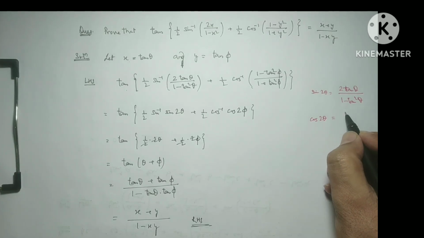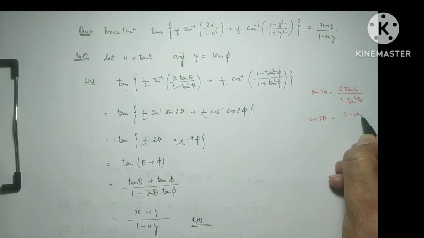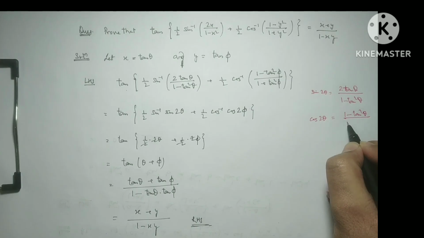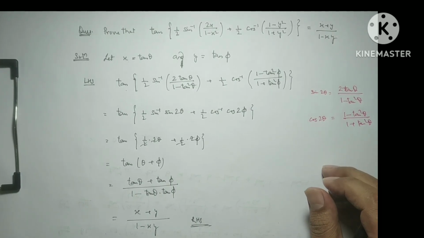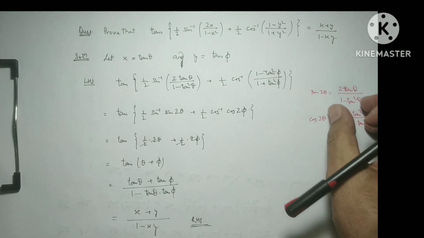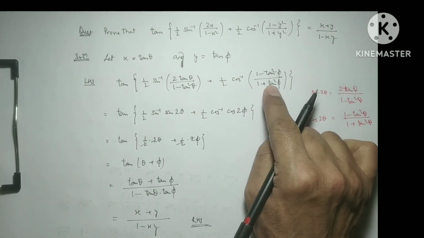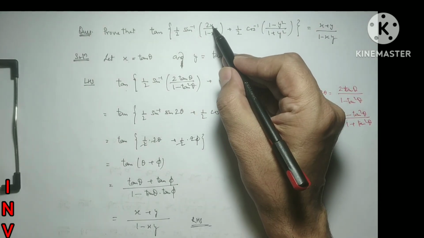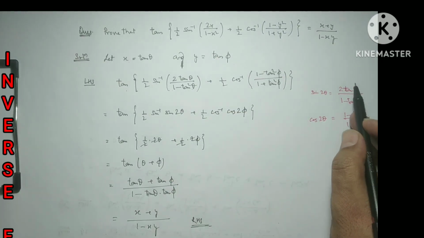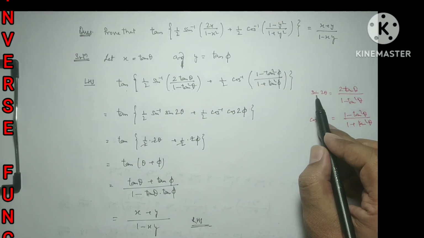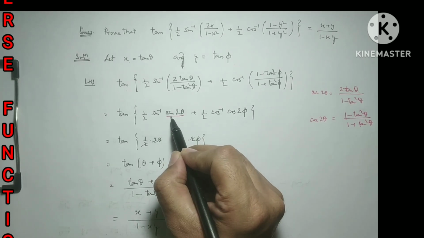In terms of tan, we have 1 minus tan square theta over 1 plus tan square theta. So on putting these values in this expression, when we place x as tan theta, we have 2 tan theta over 1 minus tan square theta, it is this. We can put it as sine 2 theta.